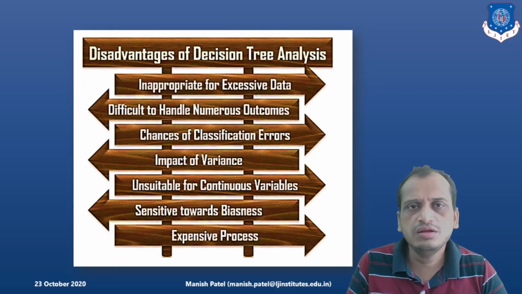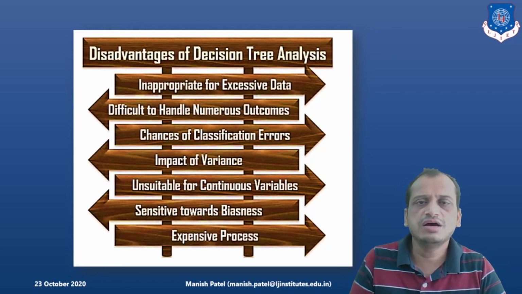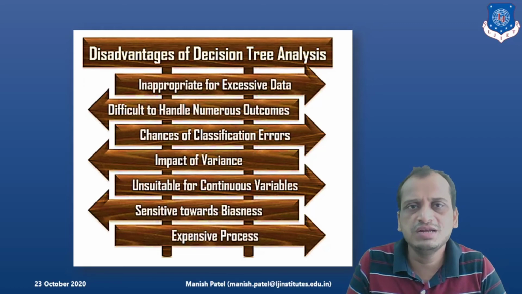Again, if there is an error, you will have variances, or you can say spread in the data, which will contribute to the error. For continuous variables, it is unsuitable. Remember this: for continuous data, it is very difficult. For discrete data, you can easily apply decision tree analysis.